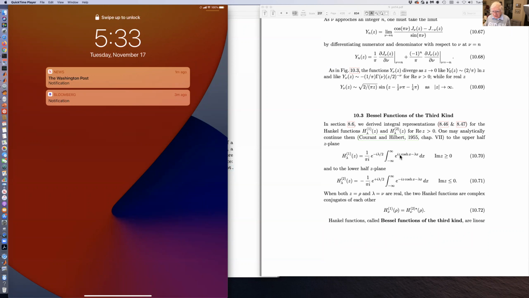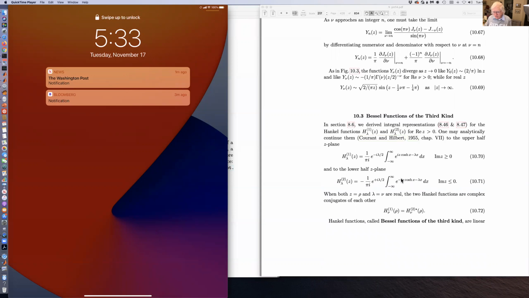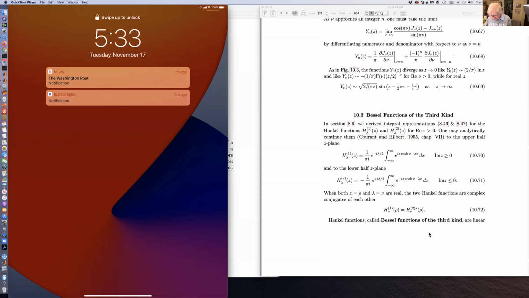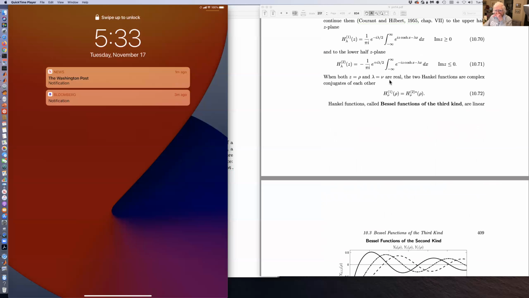And you can let z go into the upper half plane, where if you let z equal x plus iy, you get e to the minus y times cosh. Cosh is always positive, and so you get a decreasing exponential in the upper half plane. Over here, you have an opposite sign, and so you need to go to the lower half plane, where you'd have minus i times minus iy, and that would give you a negative exponential in the lower half plane.